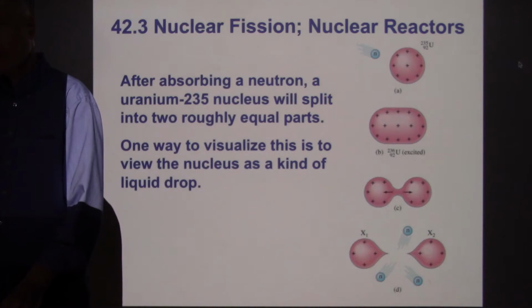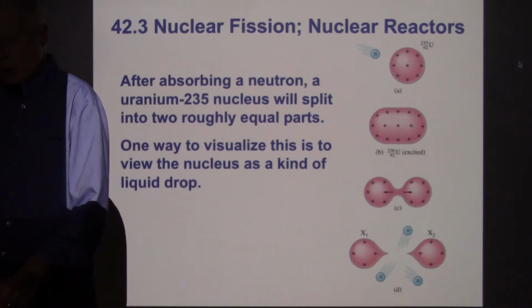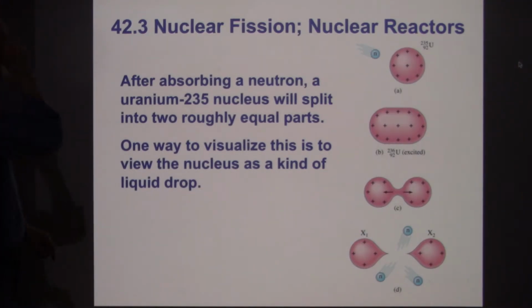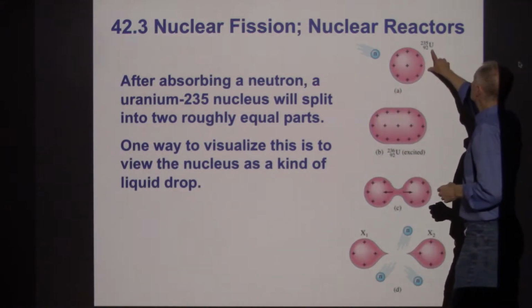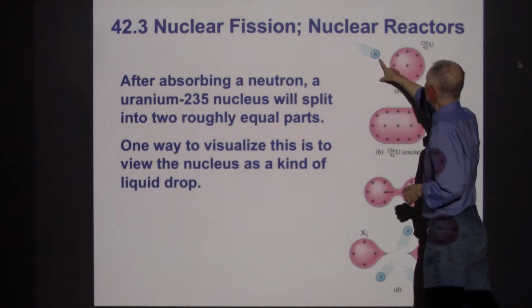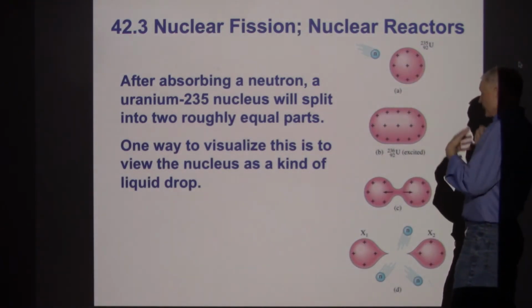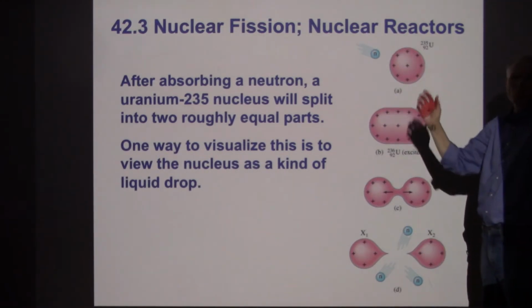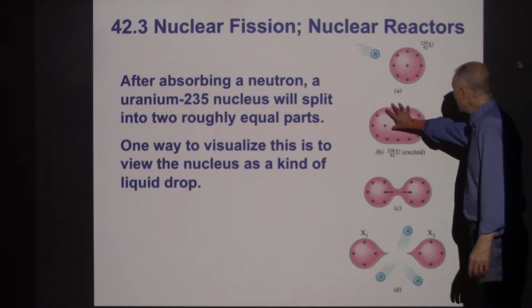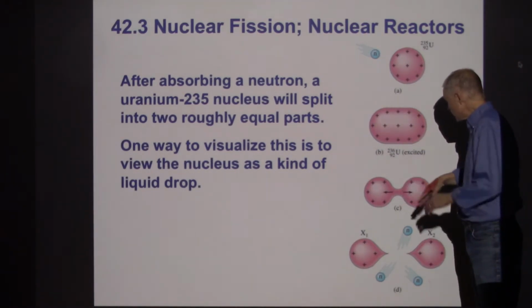All right, we're going to start talking about nuclear fission. So it turns out that if we take a nucleus of uranium-235, a particular isotope of uranium, and combine a neutron, we get an extreme nuclear reaction. Instead of just a little piece breaking off, the entire nucleus splits.